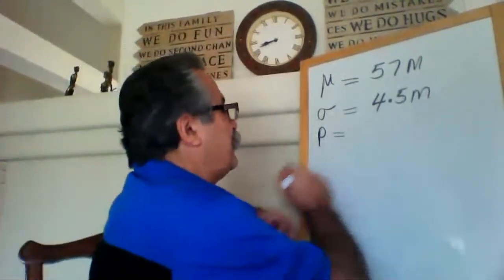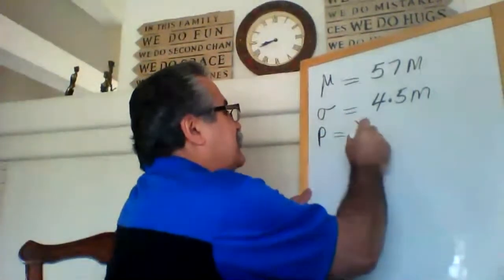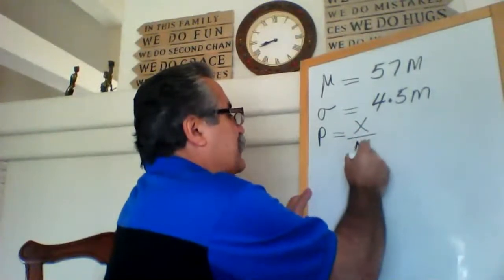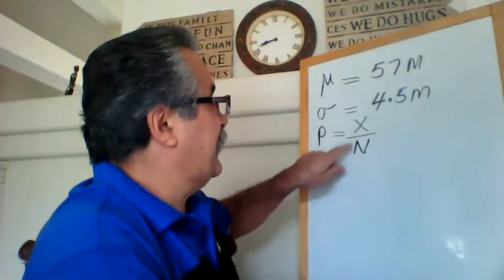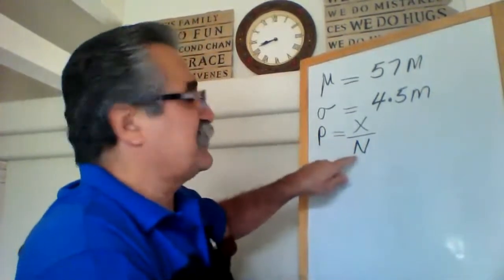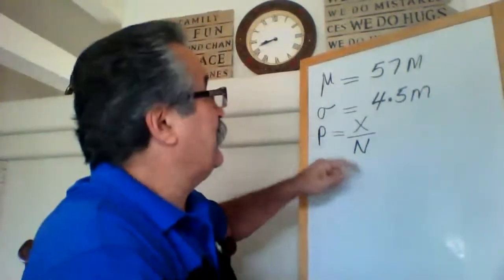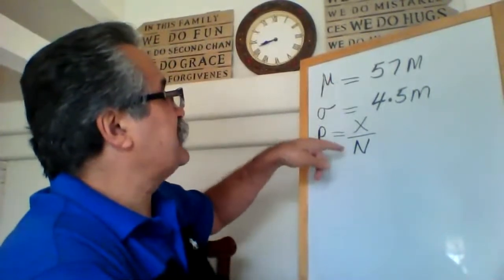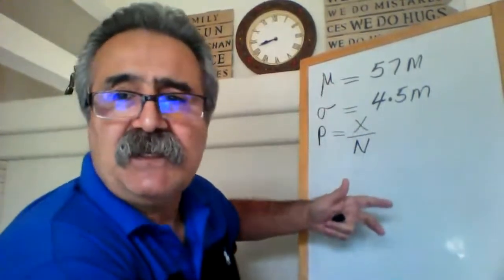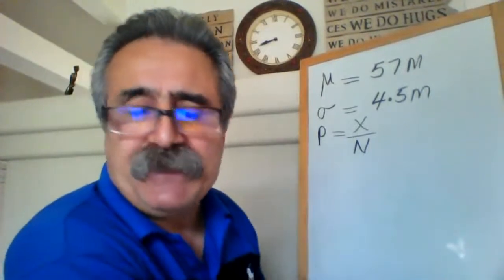And the formula for it is X divided by large N for population, and X divided by small n for sample. Now, how do we find the population proportion for these 50 companies?